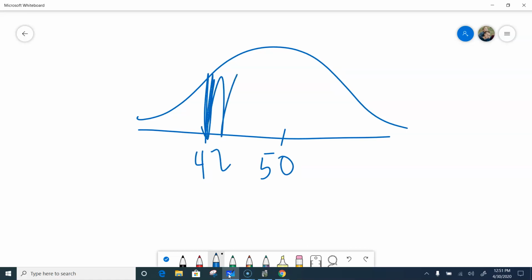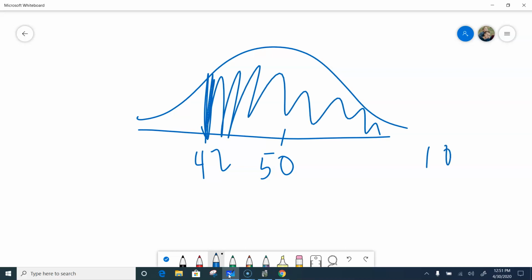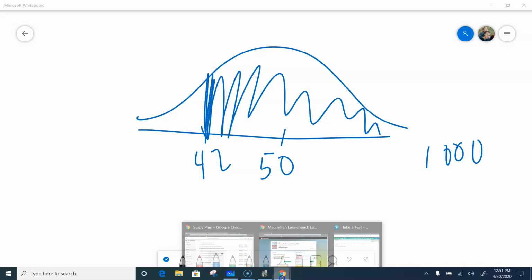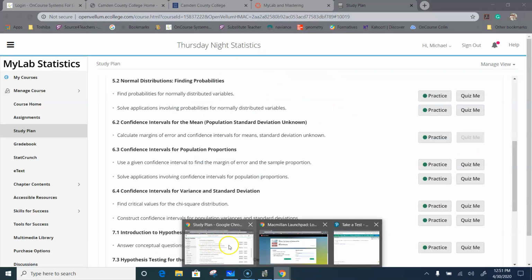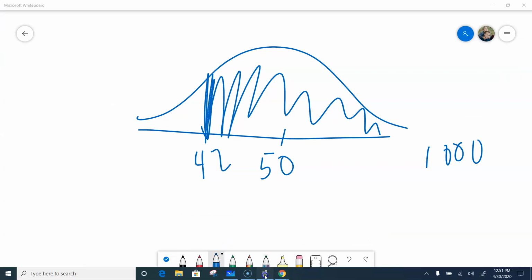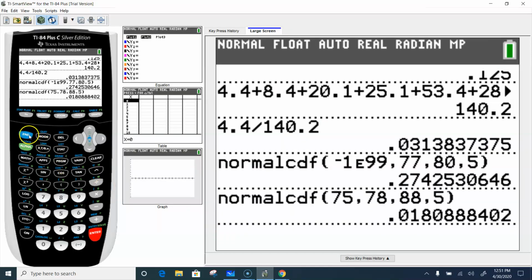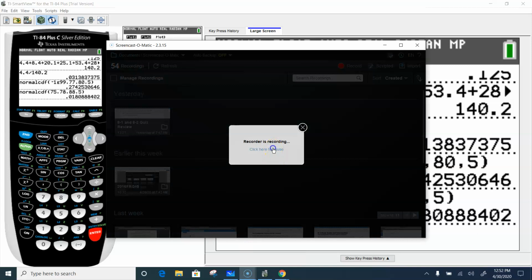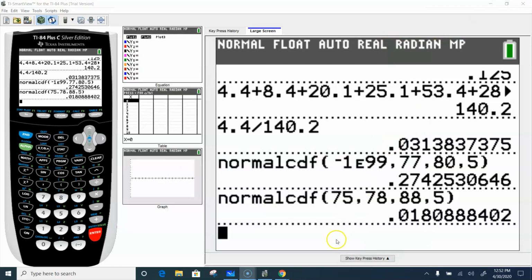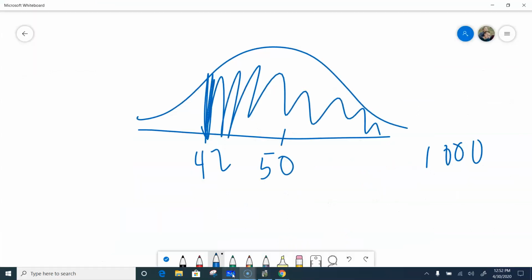So 42 is our lower limit, and then our upper limit just needs to be something really big, like 1,000 or 1,000,000, something really large all the way out there.